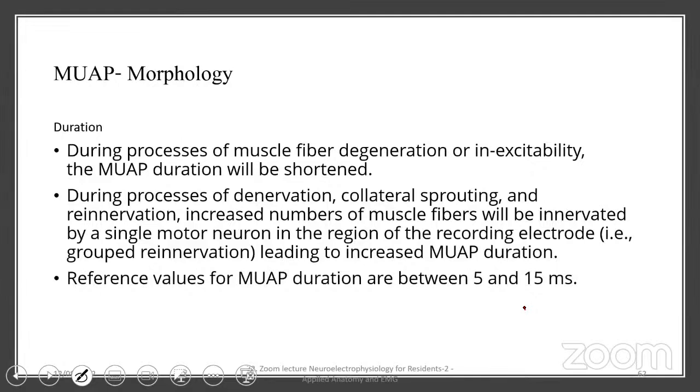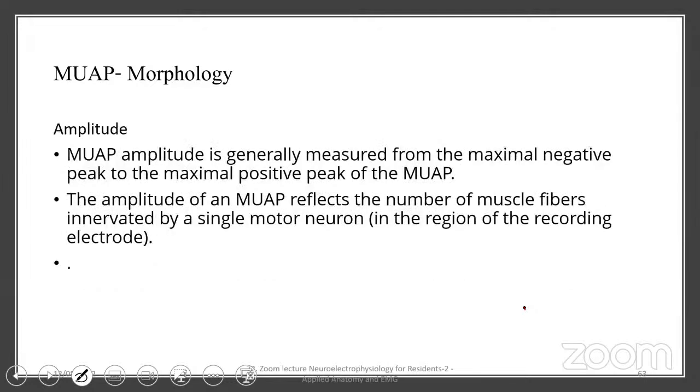During the process of denervation, collateral sprouting, and reinnervation, increased numbers of muscle fibers will be innervated by a single motor neuron in the region of the recording electrode, leading to increased MUAP duration, also giant action potentials. A duration between 5 to 15 milliseconds is a normal value. If it is more than that, that is abnormal.